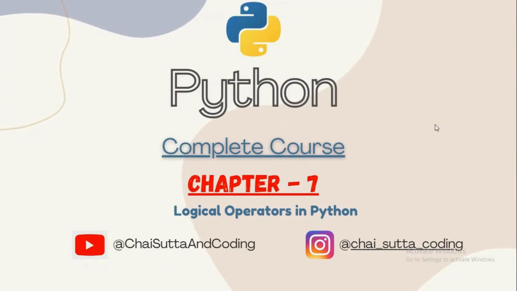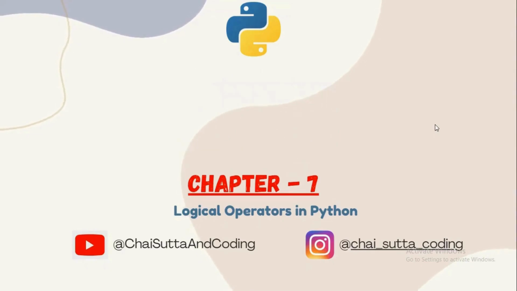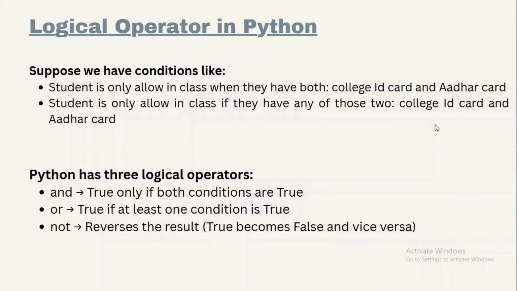So these are extremely useful when we have to check multiple conditions together. Suppose we have two different systems. In the first one, a student is only allowed in a class when they have both a college ID and an Aadhaar card.